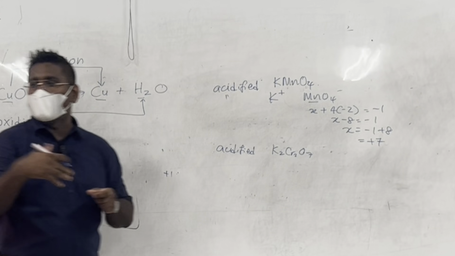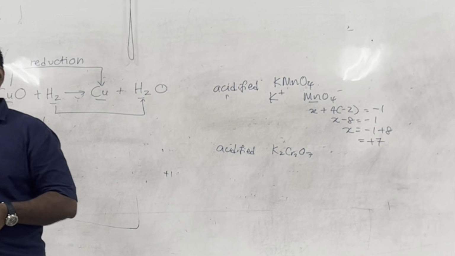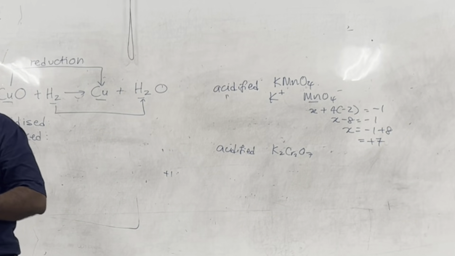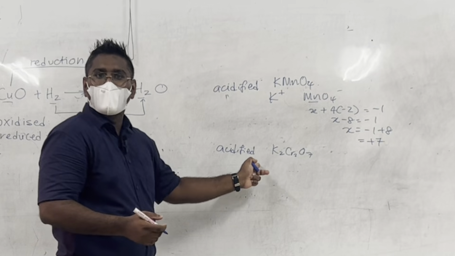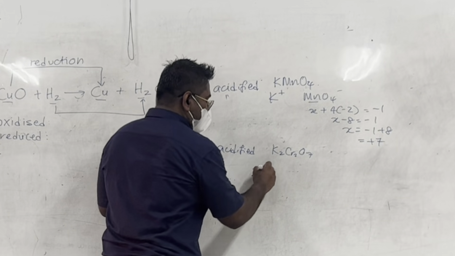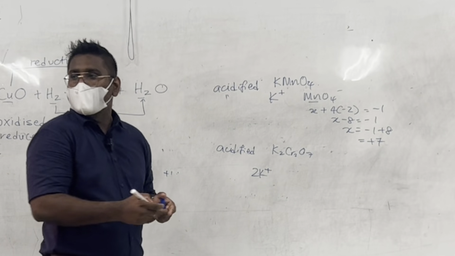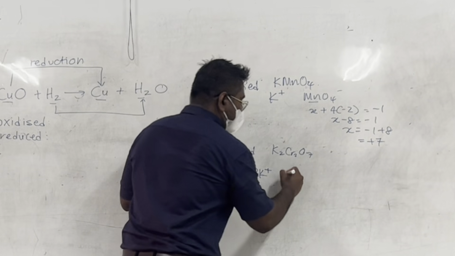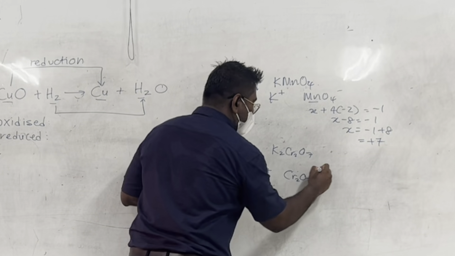So you no need to include the K. Separate them, easier. The same over here. This is 2K+ and then Cr2O7 2-.